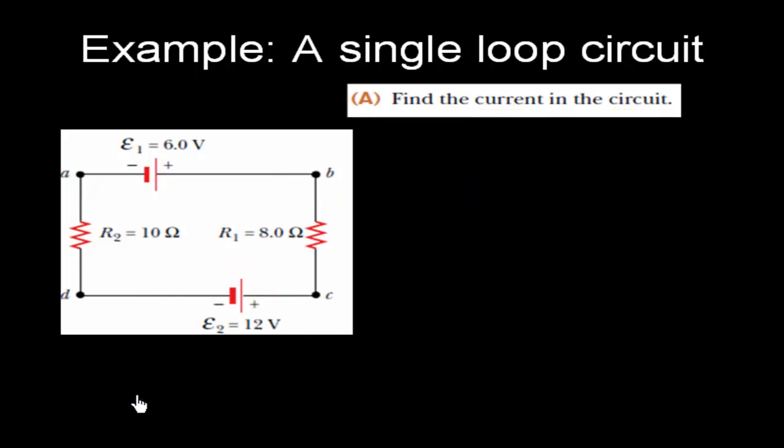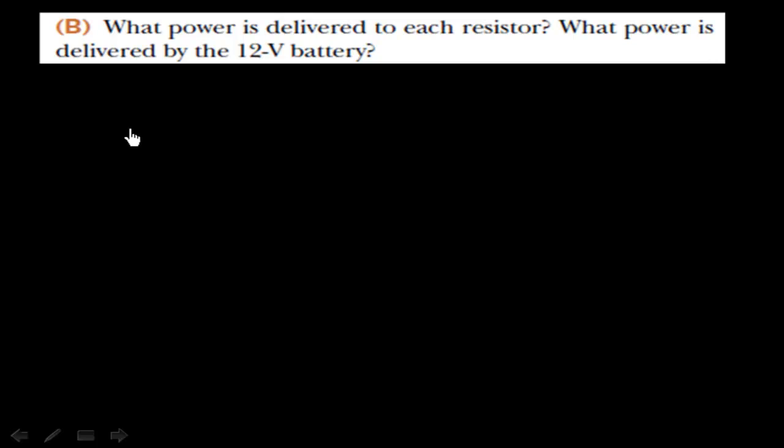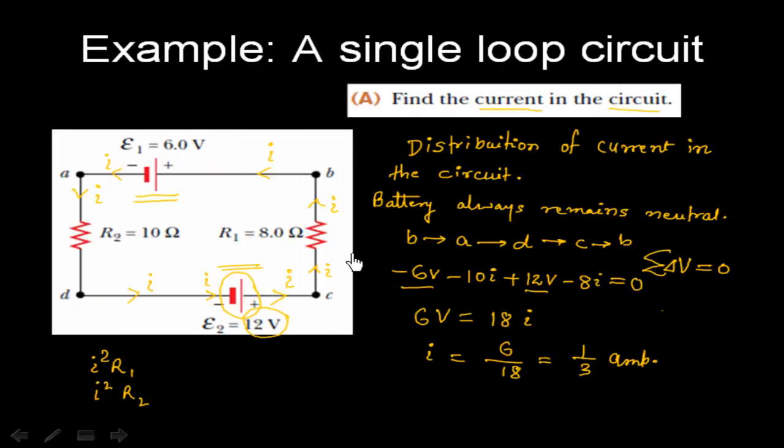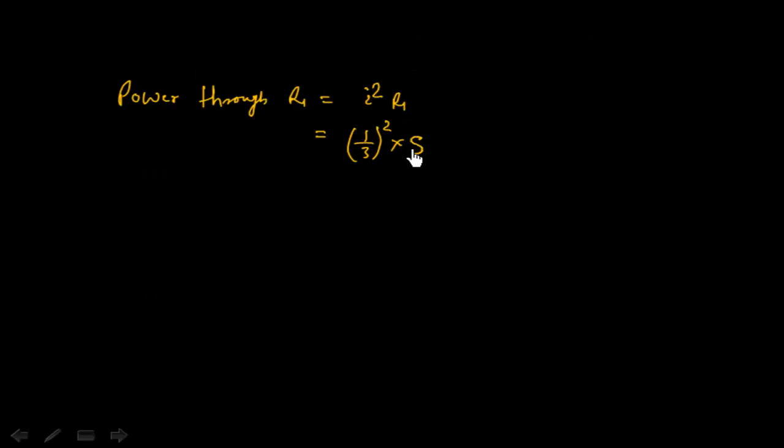So let us say the power through R1, that is I square R1, and I is 1 by 3, and R1 is 8 ohm. So this is 8 by 9, and the SI unit for power is watt.